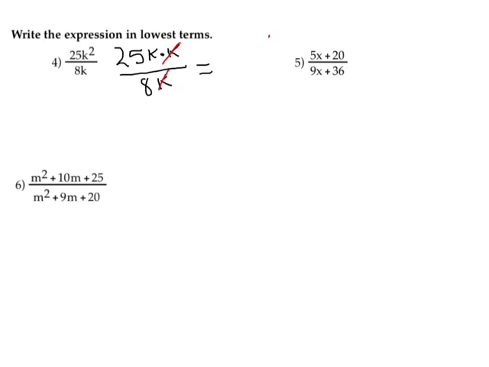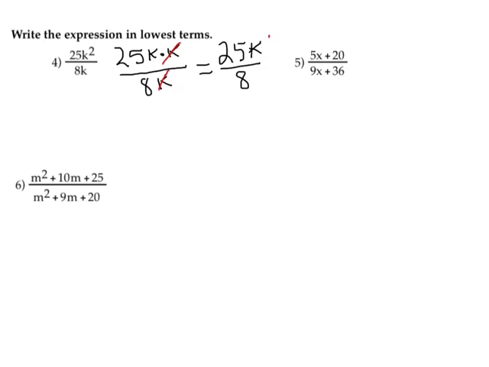So my answer is simply 25k over 8. I want you to recognize that all I did really was subtract. The power on top in the numerator was 2, and the one on the bottom in the denominator was 1. 2 minus 1 is 1. And notice that I am left with 1 in the numerator.